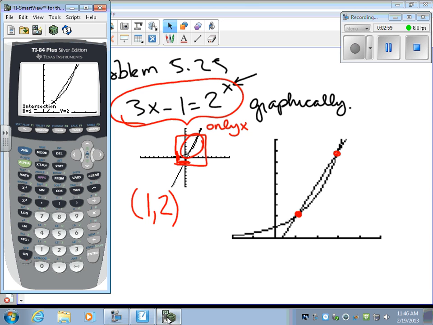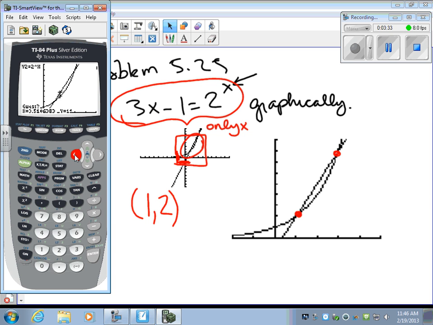So my pixelated graph didn't make that too obvious. But then I noticed that there's another intersecting point. So I'm going to do that same process again. So second calc or second trace will take you to the calc screen. 5 gets you to intersect. And I'm just going to arrow over to see which. And sure, that'll be my first curve. That'll be my second curve. Now when it asks for a guess, I'm going to just arrow to the right until I get closer to that intersection.